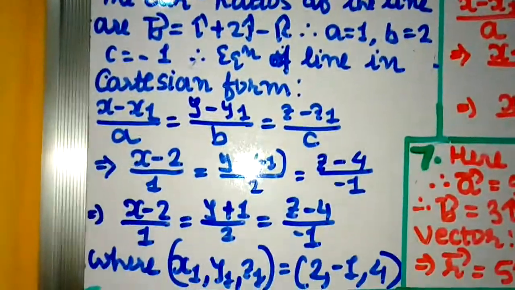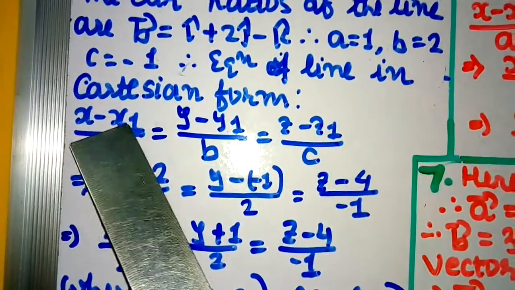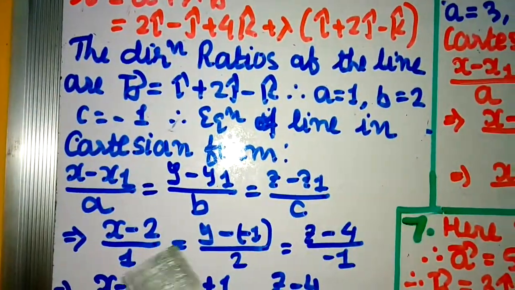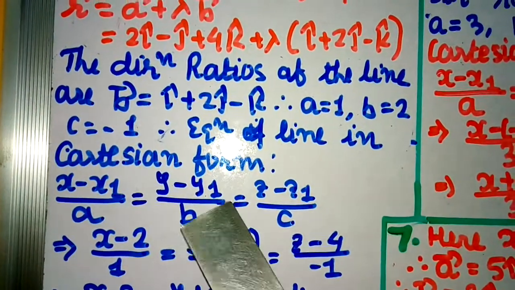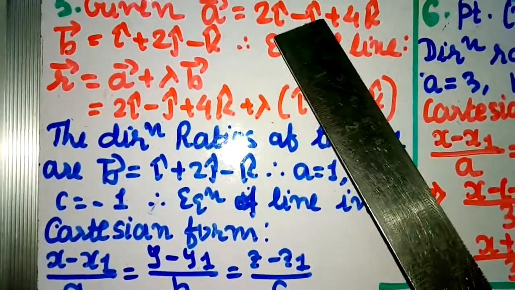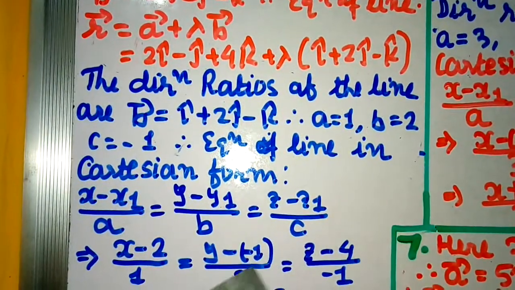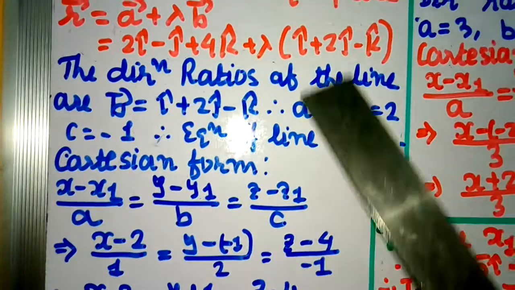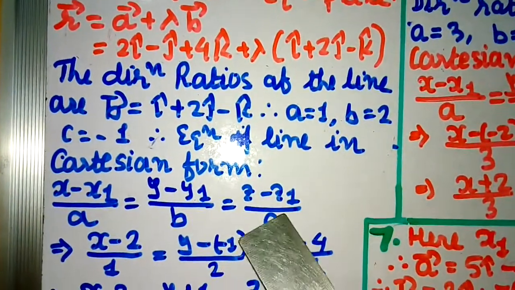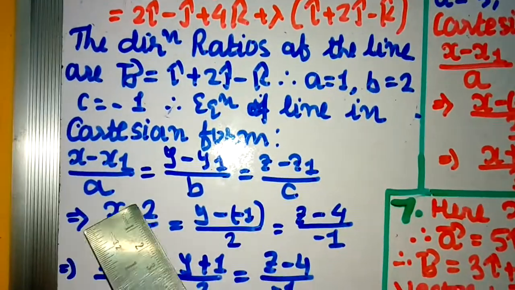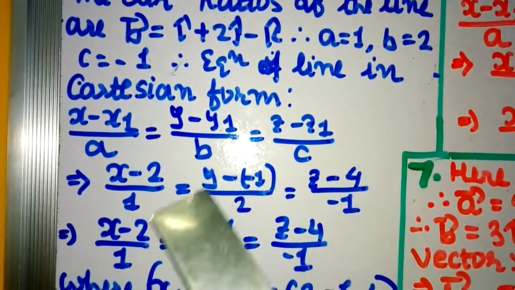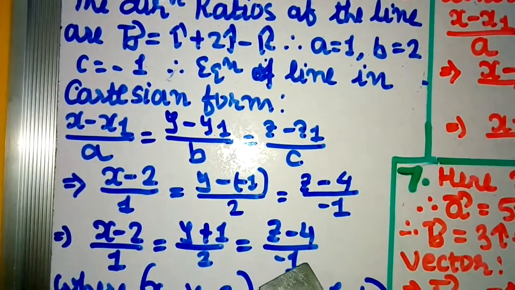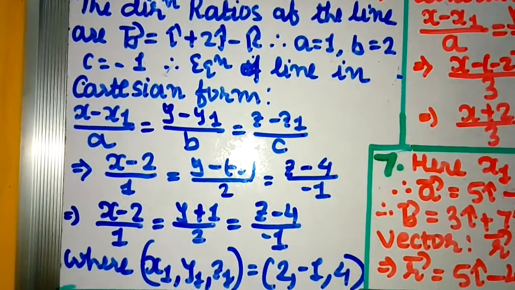So let us place the values. x minus x1 is x minus 2, divided by a, which is 1, equal to y minus y1, the coefficient of j being minus 1, so y plus 1, divided by b value 2, equal to z minus z1, which is z minus 4, divided by c, which is minus 1. So x minus 2 by 1 equals y plus 1 by 2 equals z minus 4 by minus 1. That is the equation in Cartesian form.